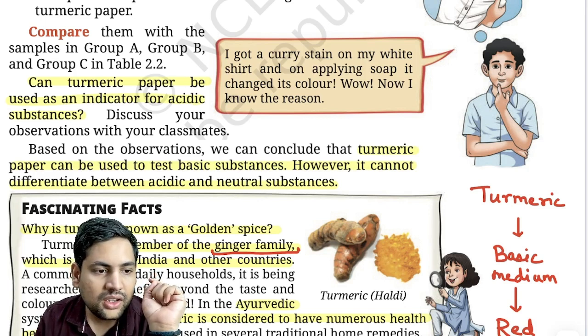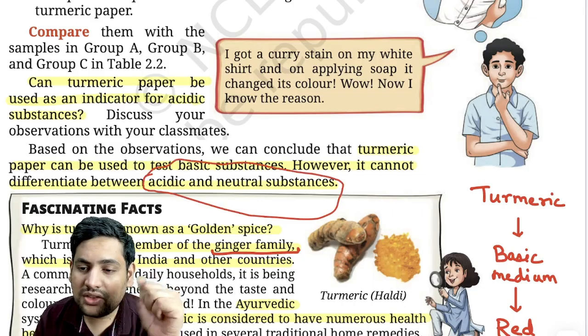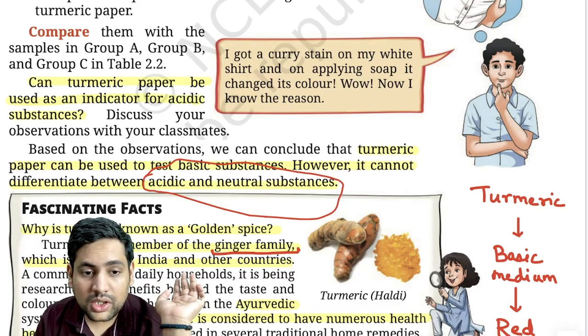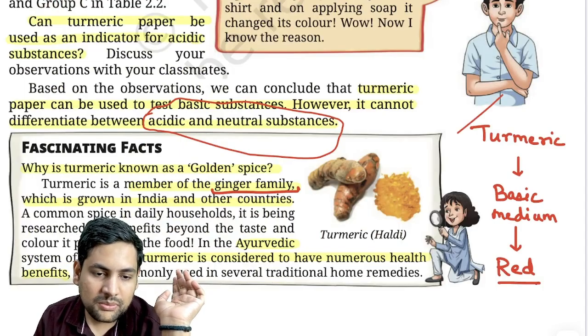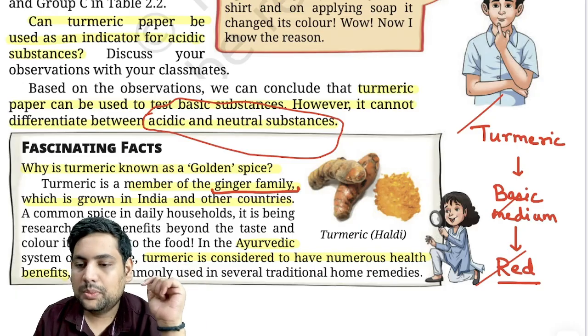Turmeric does not change any color for acidic and neutral substances, so you cannot differentiate or guess what is an acidic substance based on turmeric. But it turns red in basic medium.